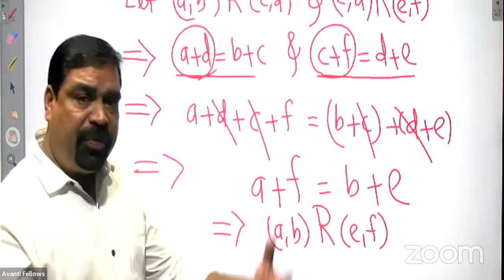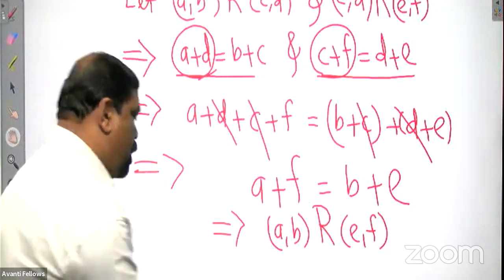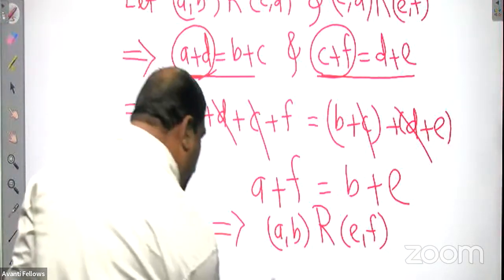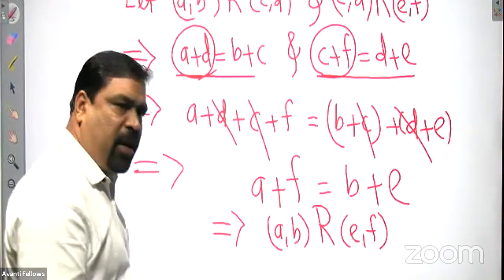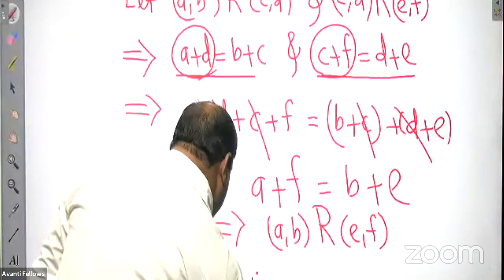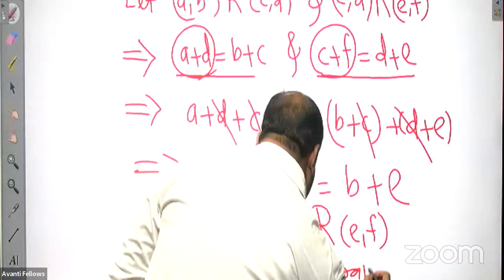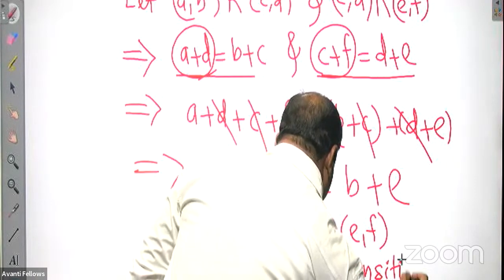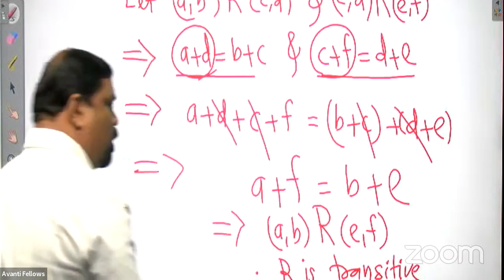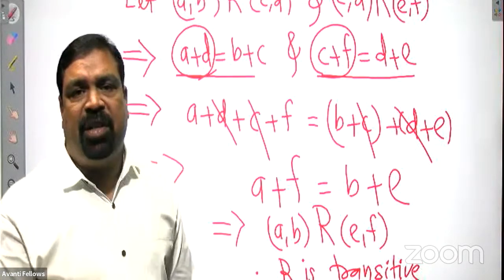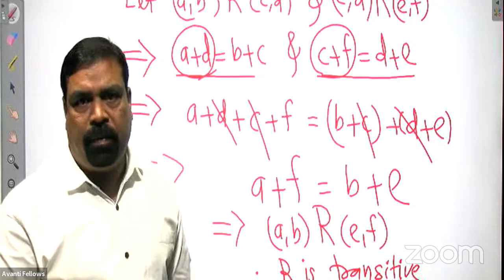That is our definition of the relation. Okay. So that means it satisfies all the three properties: reflexive, symmetric, and transitive. This indicates that this is transitive. Okay. So our relation is an equivalence relation.